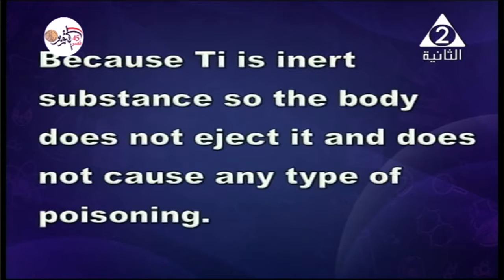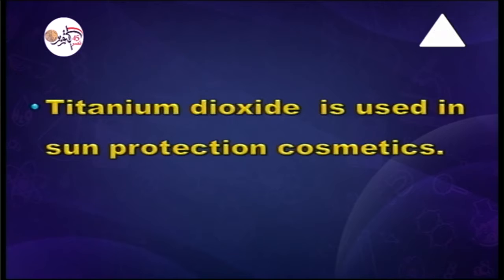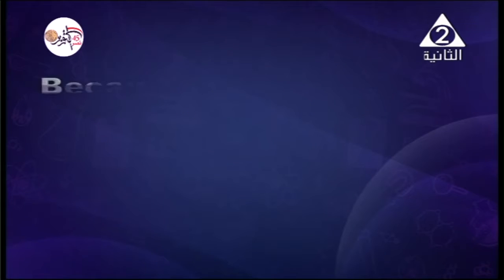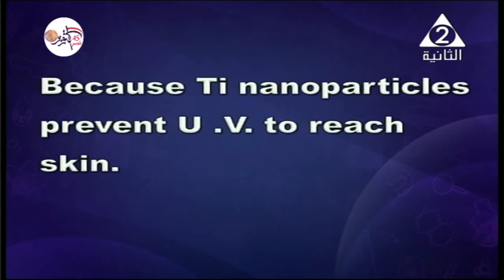The reason, because titanium is an inert substance, so the body doesn't reject it and it doesn't cause any type of poisoning. Next point. Titanium dioxide is used in some protective cosmetic products, because titanium nanoparticles prevent the ultraviolet rays from reaching the skin.